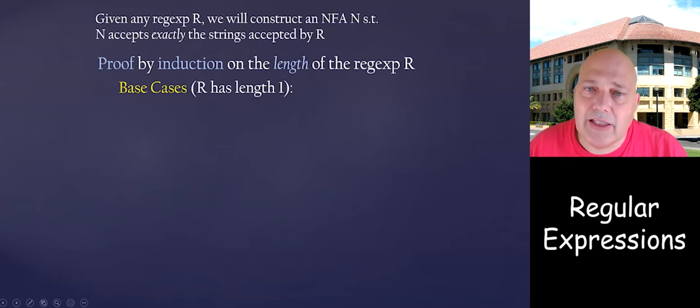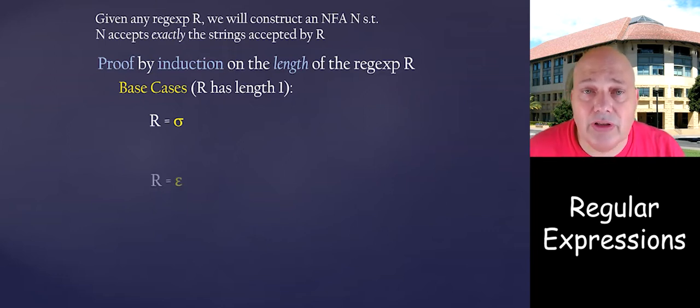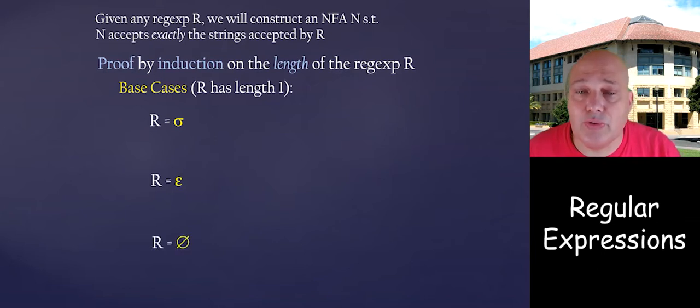So the base cases are regular expressions of length exactly 1, and these are only the base cases of defining regular expressions. It can be one that corresponds to an alphabet symbol, one that corresponds to the empty string, and one that corresponds to the empty set.